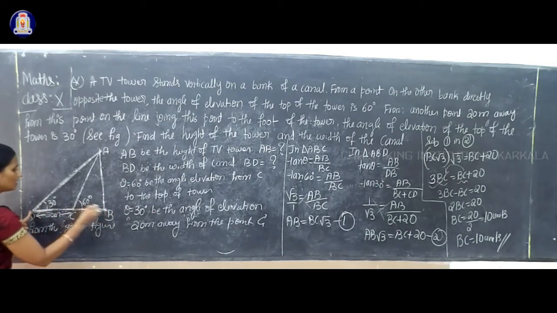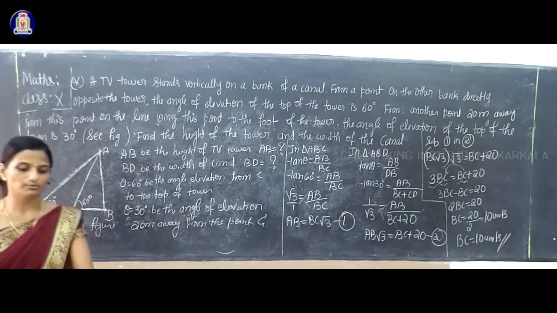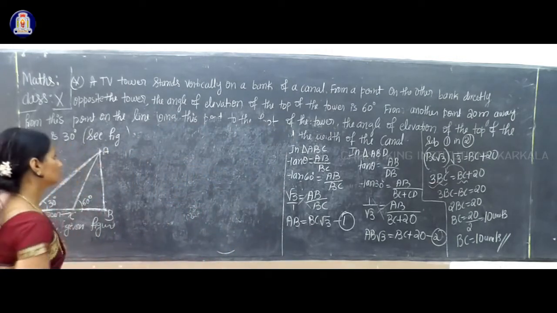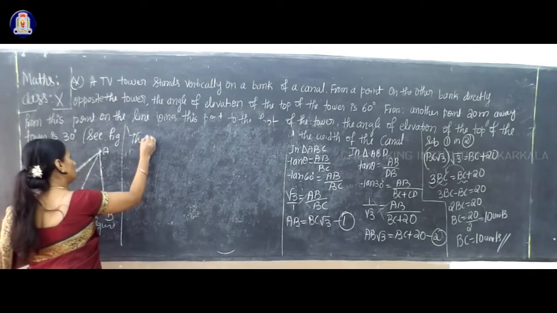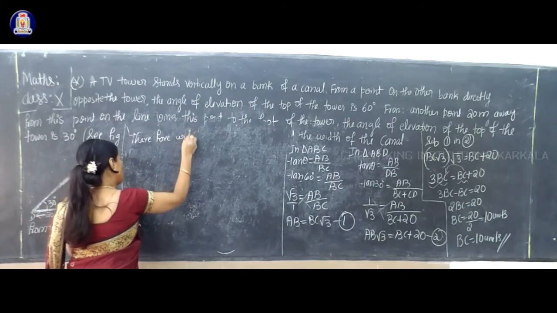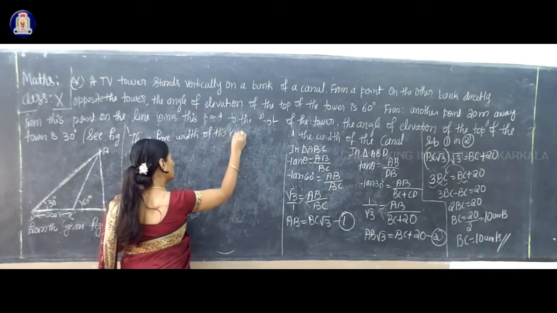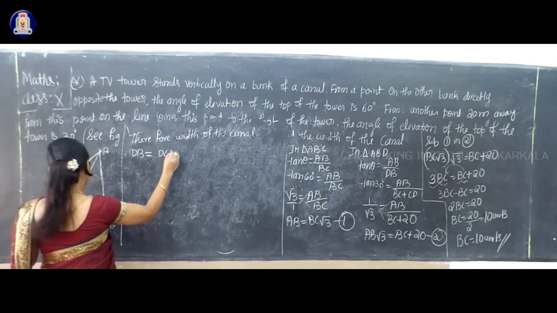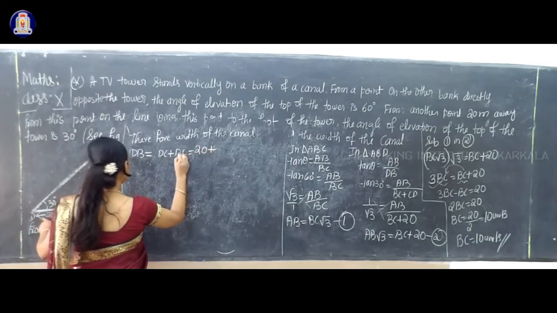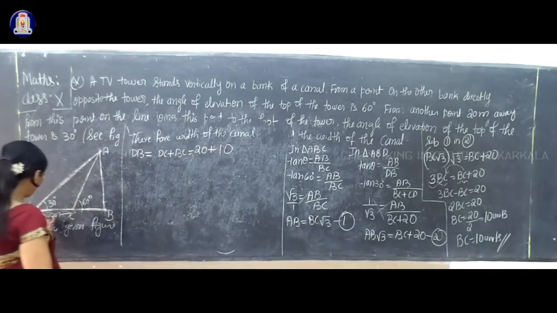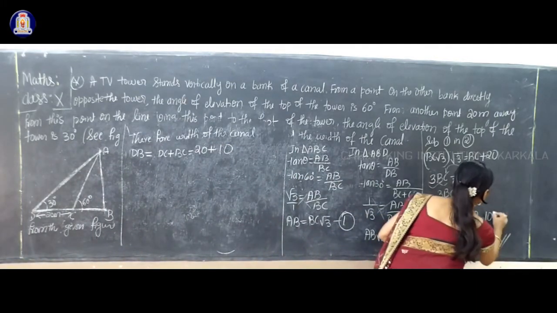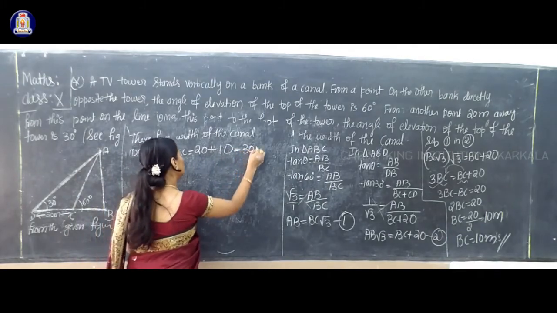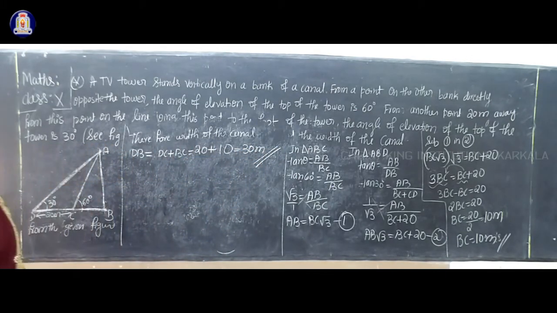So the width of the canal DB is equal to DC plus BC, which is 20 plus 10. 20 meter is given, so BC is 10 meter. 20 plus 10 is 30 meter. Width of the canal is 30 meter.